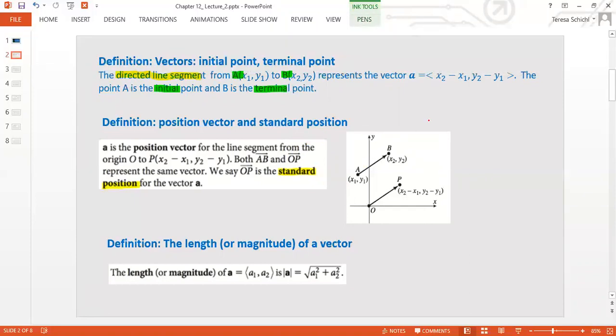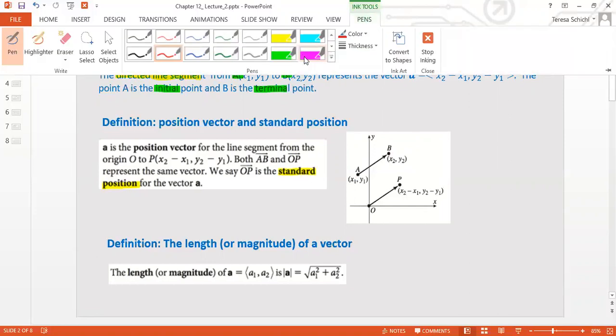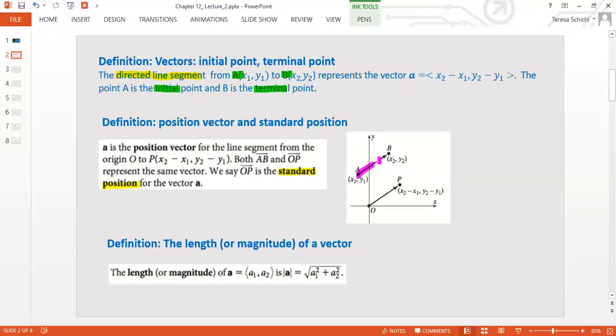We said a vector from A to B, so it starts here and goes here, which is why the arrow goes this way. This is the vector's position.